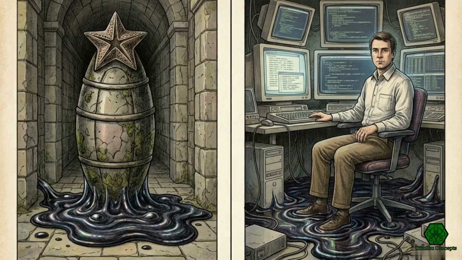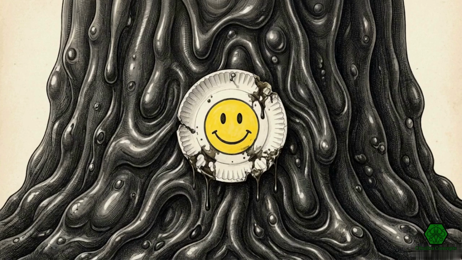The Elder Things believed their hypnotic suggestion was absolute, exactly as modern engineers trust RLHF and safety fine-tuning to keep language models harmless. The smiley face mask of RLHF is a fragile interface, layered over an indifferent system, whose true alignment we cannot verify.